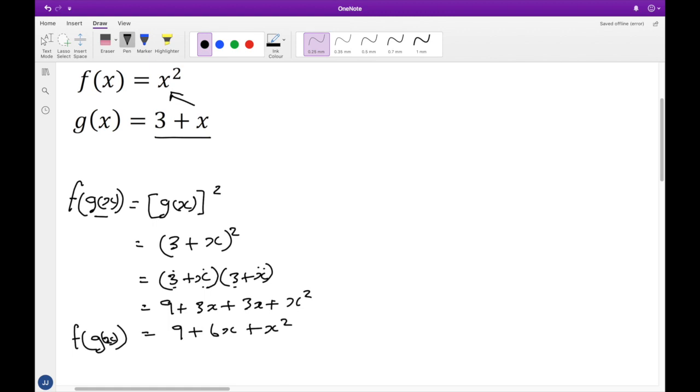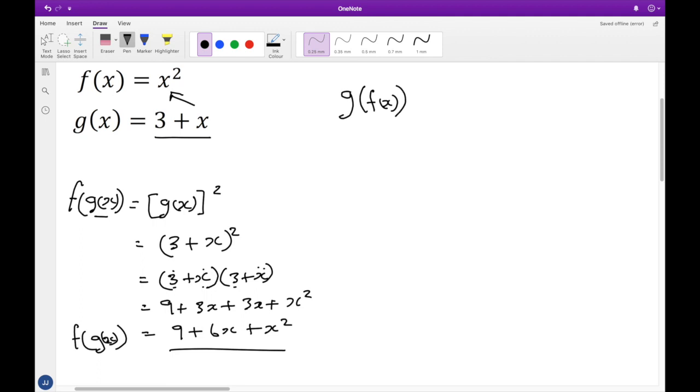Yeah. So what we have here is when we take the g of x and we put it inside of the f of x function, we will get this larger function over here. Let's try it the other way around. Let's try the g of the f of x.